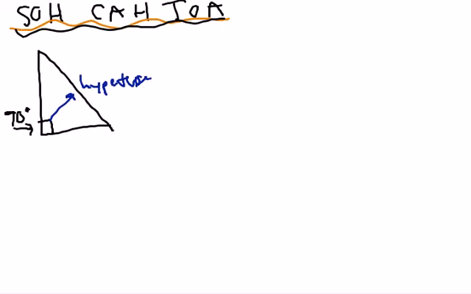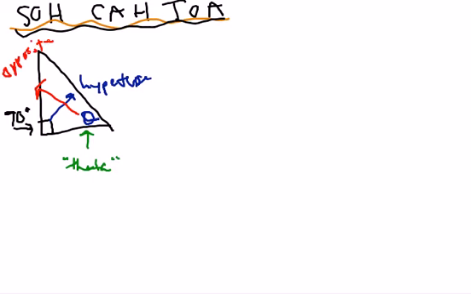Your other two labels are highly dependent on an angle you're given. Often in these, they'll give you some angle. We often write this as theta. This is the Greek letter theta. Your opposite and your adjacent are labeled based off of your theta. When I say opposite, I mean it's opposite of your theta, so this would be your opposite side.